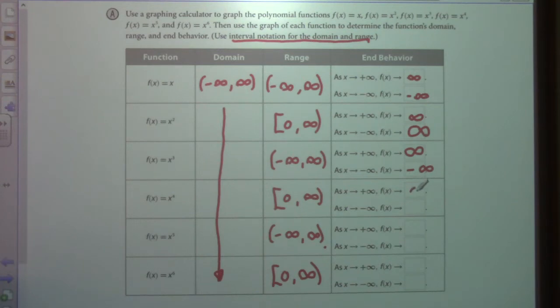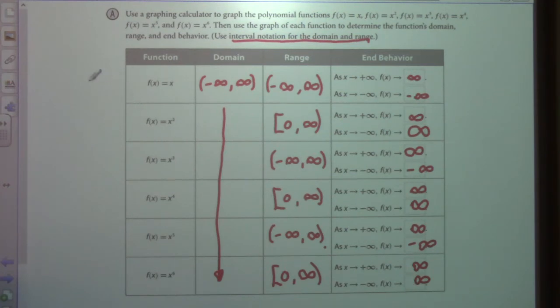So here we have this one, here we have this one, and here we have this one, and negative infinity here. And finally, we have, this one's going to be at double infinity, right? That's all there is to it.